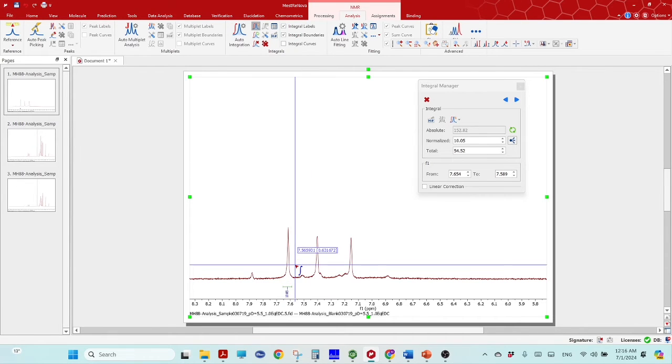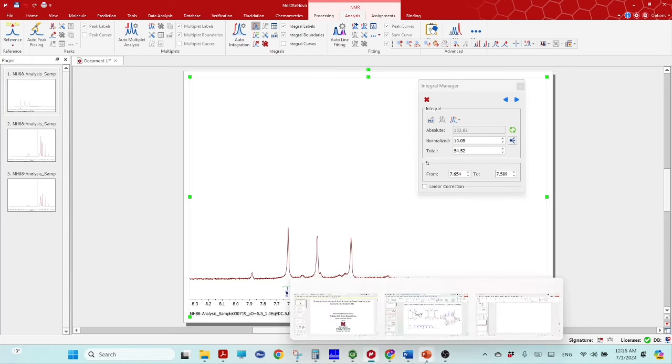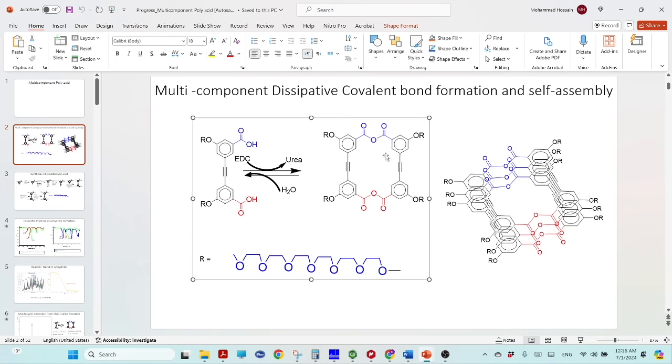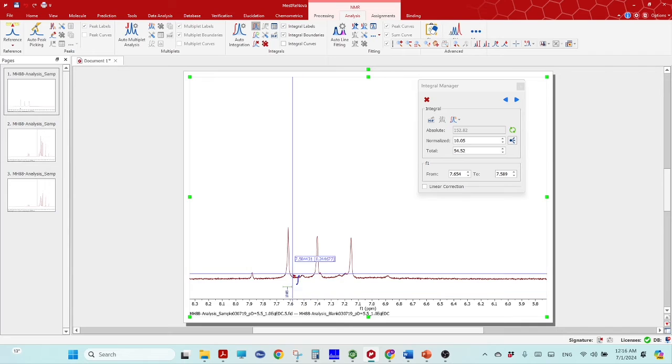This is the dicarboxylic acid you saw earlier. Now we see it is showing 10.25. That doesn't mean the acid concentration is 10.25. Remember that this is for 2 protons and the internal standard is for 3.